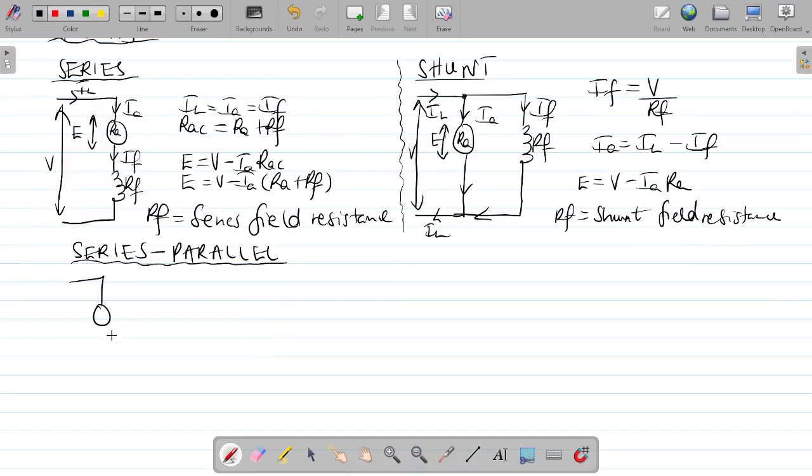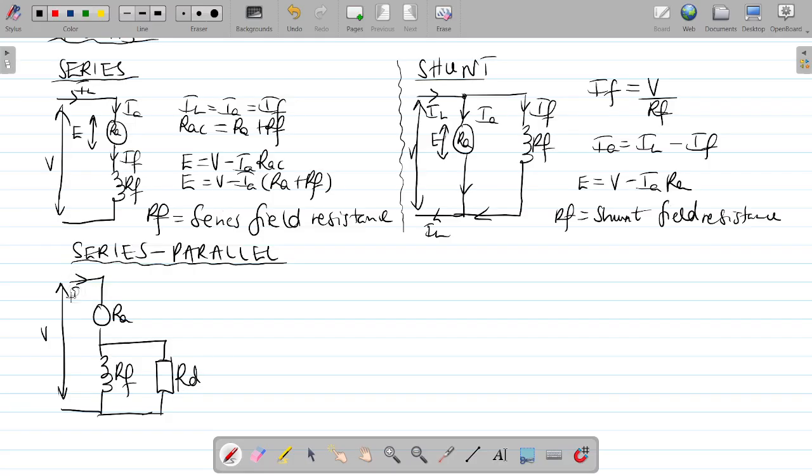We have your armature connected in series with the field. In this scenario, you have your RA, this is RF. I'm saying they add a new resistance connected in parallel with the field. This resistance is typically referred to as the diverter resistance.